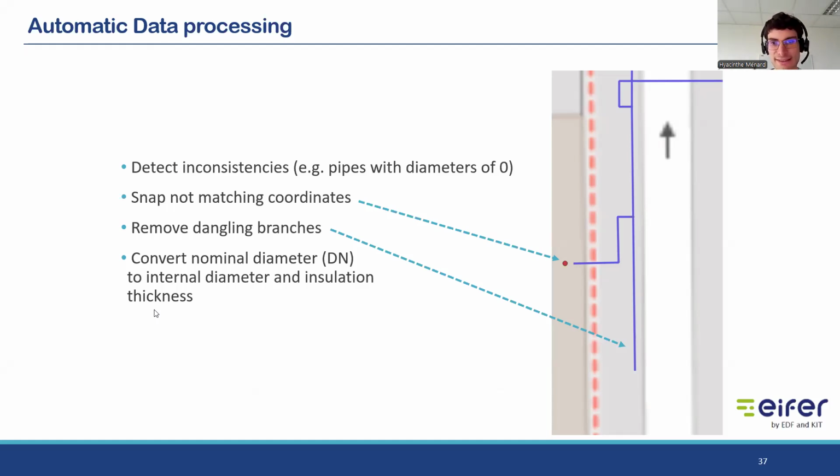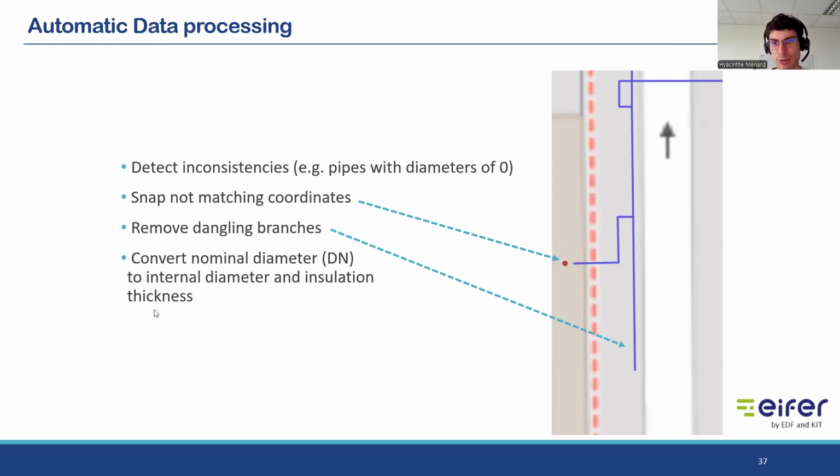For example, you can see in this case, in red, a substation that is not directly connected to the pipes, as the geographical coordinates don't match exactly. So I'm able to round the coordinates and snap them to match, even if there are these small inconsistencies.